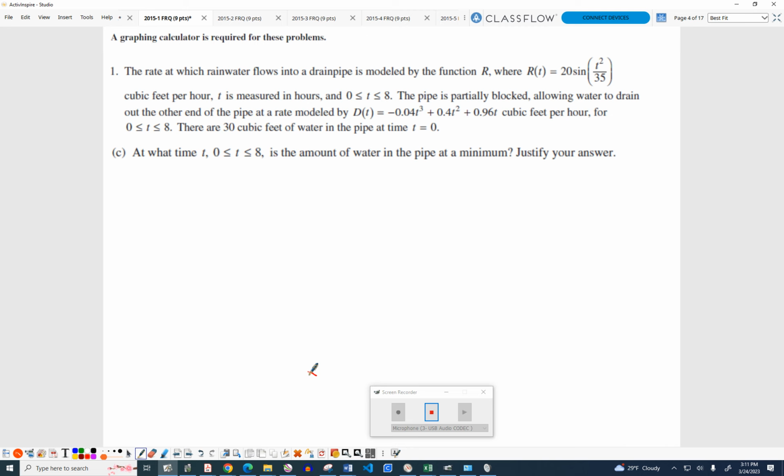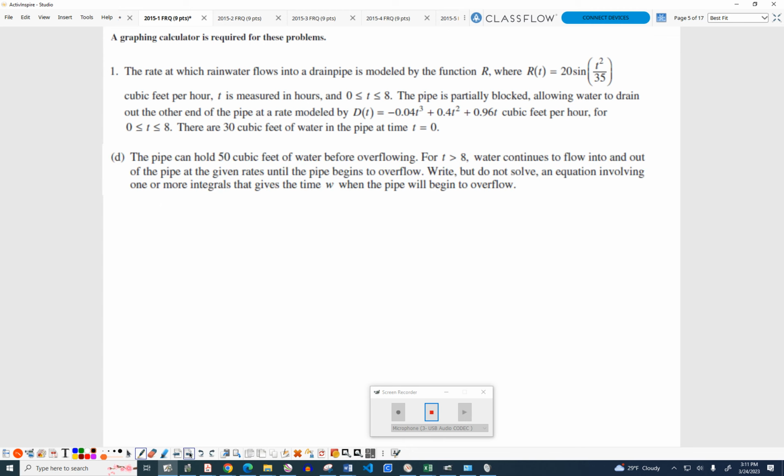You want to know when the amount of water in the pipe is a minimum. This is the value of having written on your paper what the amount is. It's A of t. So where you should begin is you should begin by writing A prime of t is equal to 0 when, and then you use your calculator to find the times when A prime is going to equal 0.